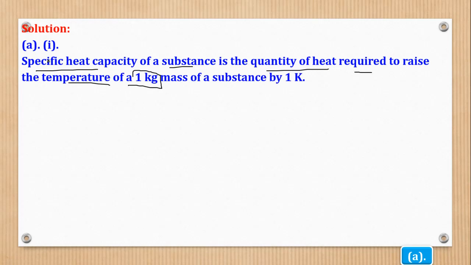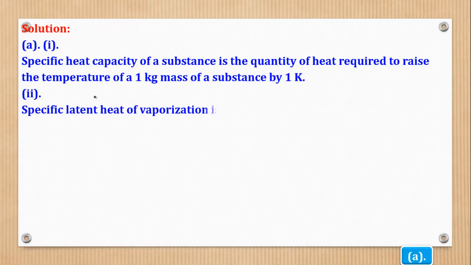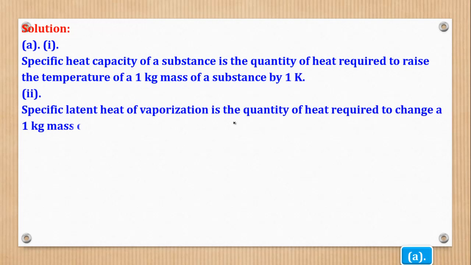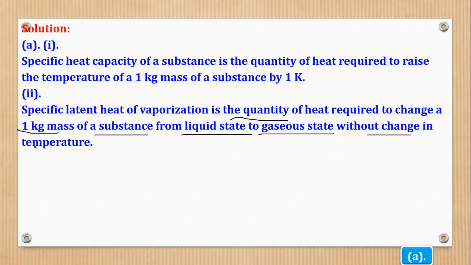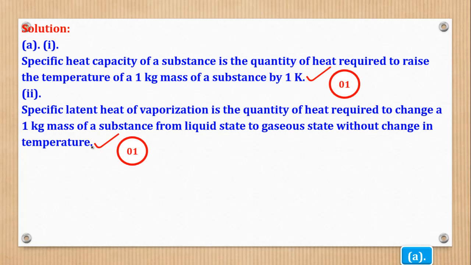When you see the word specific, mass should be 1 kilogram of a substance by 1 Kelvin. Then specific latent heat of vaporization is the quantity of heat required to change 1 kilogram mass of a substance from liquid state to gaseous state without change in temperature. So that was part A.